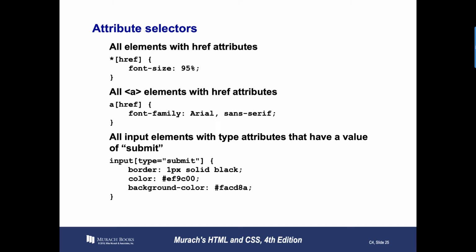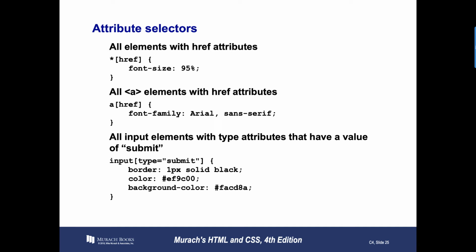So an anchor link, a link that you learned, I believe, in units 2 and 3. So this is saying any element that has an href attribute, set its font size to 95%. The next one, where it says A and then bracket href like that, says, hey, any anchor tag that has an href attribute, set its font family to Arial or sans serif.